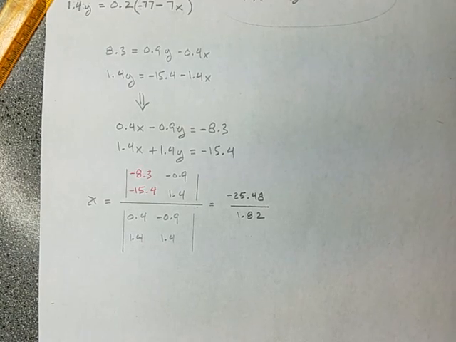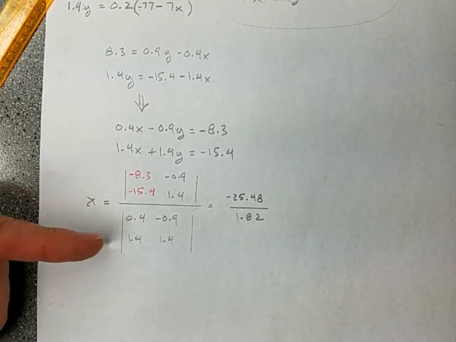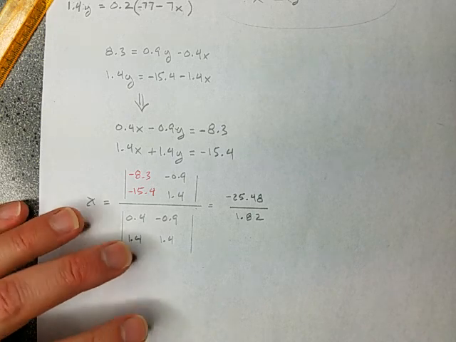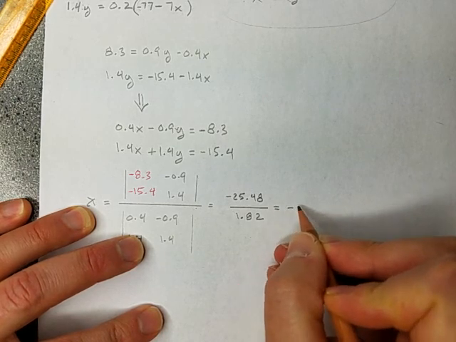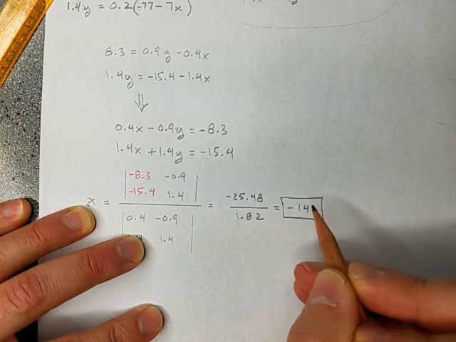All right, so that's what you'll get right there. Negative 25.48 on the top and 1.82 on the bottom. If you divide those, 25.48 divided by 1.82, then you'll get 14. Negative 14 is x. Okay?